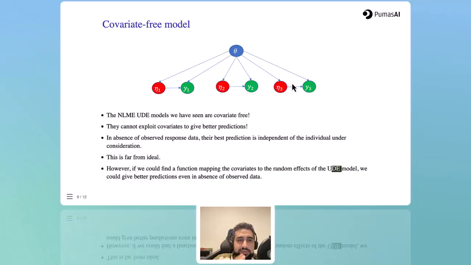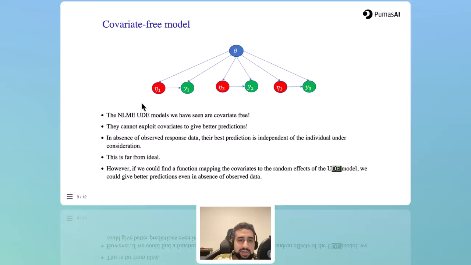Now, what if we can find a model that takes the covariates as input and perfectly predicts eta equals 1 given the x of the first individual, then eta equals 0 for the second subject, and eta equals minus 1 for the third subject?